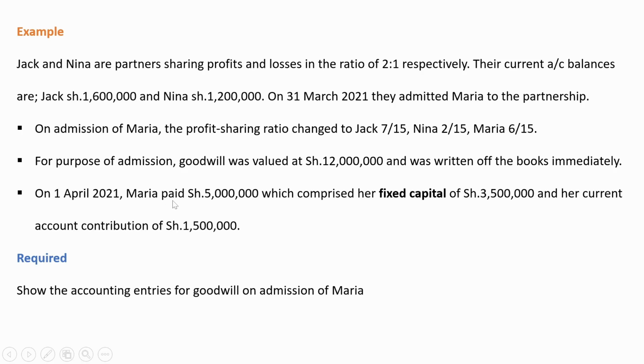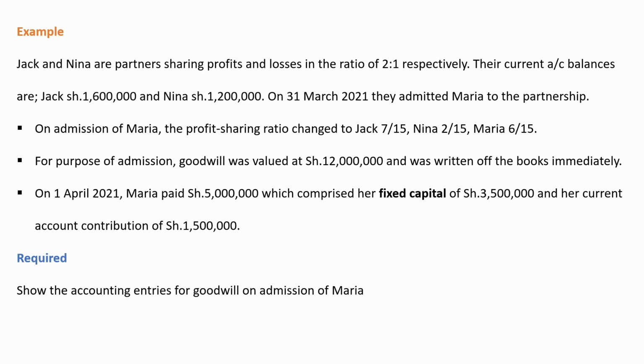So in this case, Maria paid a total of 5 million, but that 5 million was divided into two: 3.5 million was fixed capital and 1.5 million was current account contribution. We are required to show the accounting entries for goodwill on admission of Maria. So let us see how we are supposed to account for goodwill on admission.